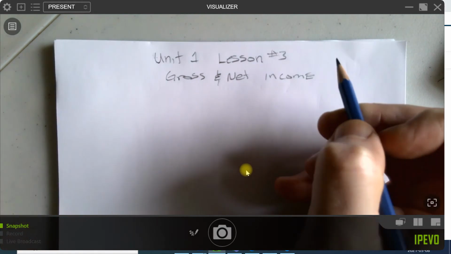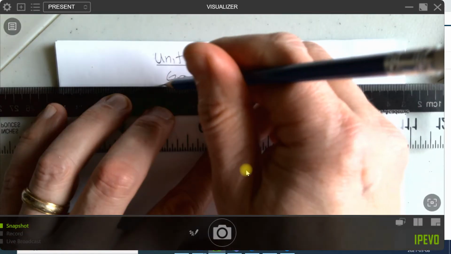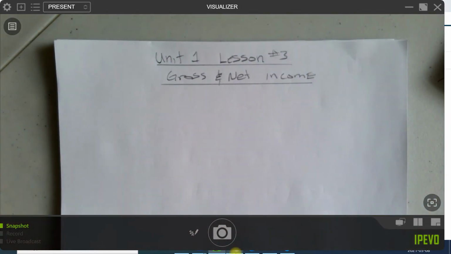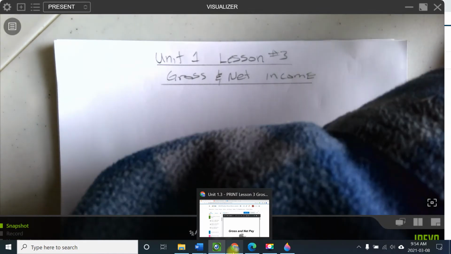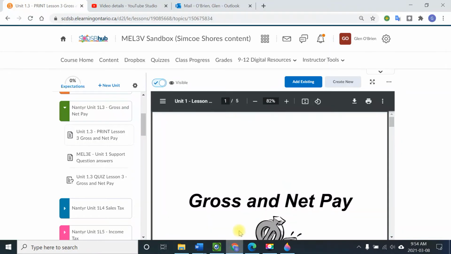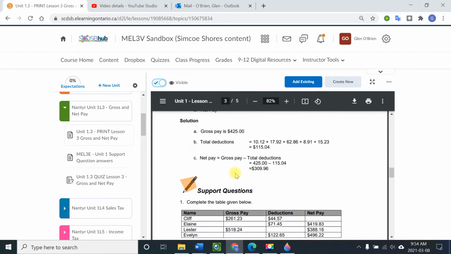Okay, and we want to use a ruler, and we're doing the support questions. So support questions, and we're doing support question number 1.